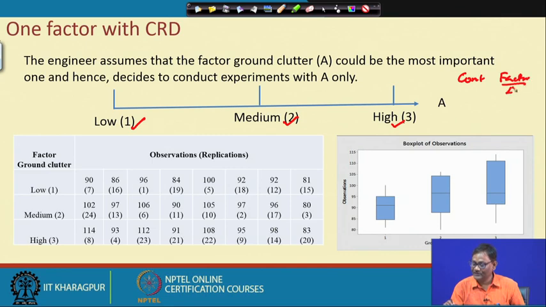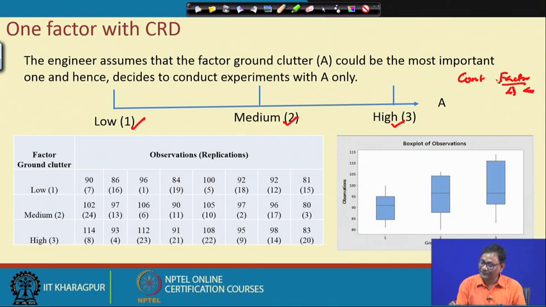In this case, we are considering factor A. Second, it is not that all the values of the factors you will consider and accordingly do the experiment. It is not possible. Many a times a factor can be categorical in nature, but even in the continuous factor case, you cannot consider all the values for A. In this case, ground clutter is given 3 labels.